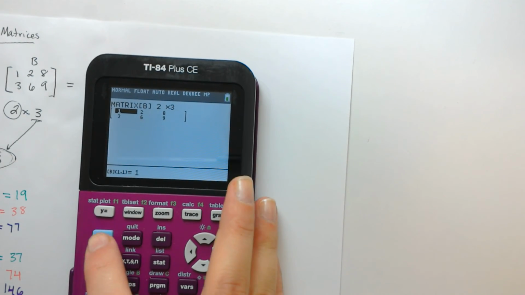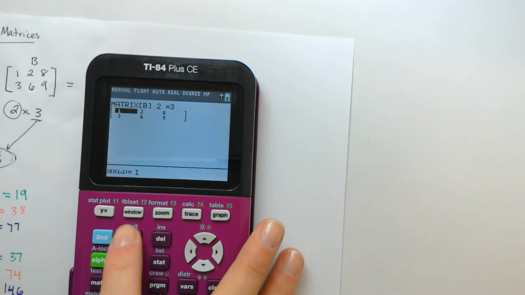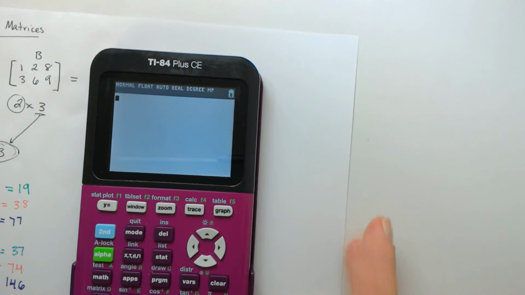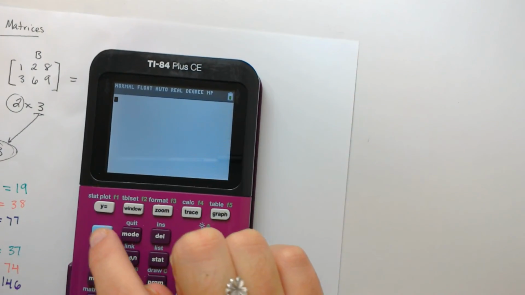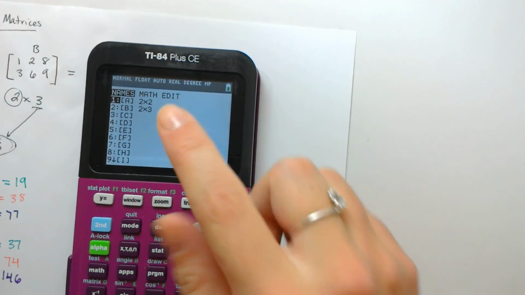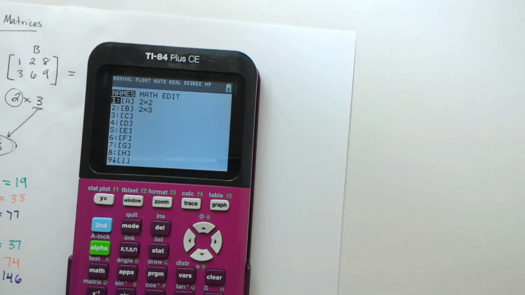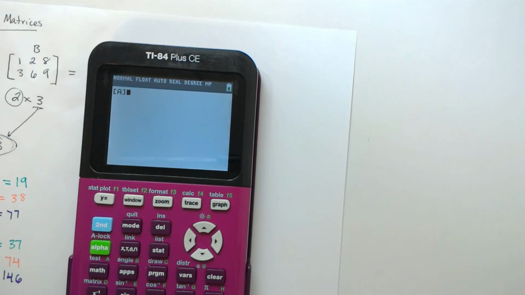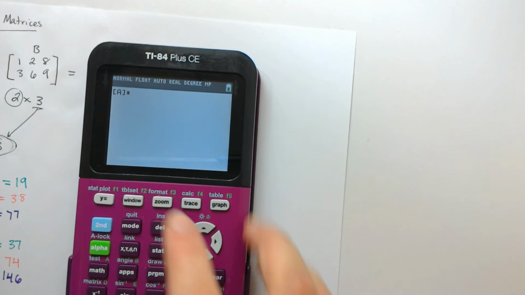Okay, so second, mode. Now you're going to copy the same thing that you did. You're going to go to second and x inverse. This time, whenever it says names up here, you're just going to hit enter while it's selecting 1. And then you're multiplying.